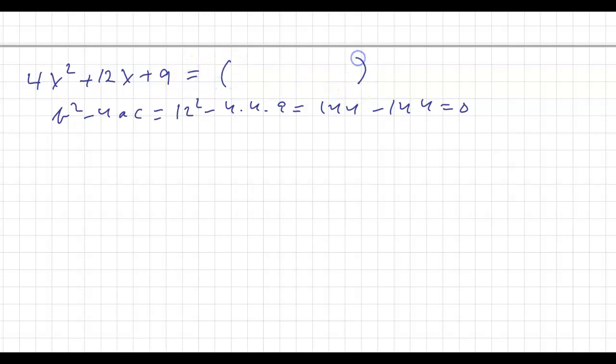And if it is, a sneaky trick for factoring it is: if you take the square root of the a term, which is 4, you get 2x. And if you take the square root of the c term, you get 3. And if you multiply that out, you will end up with the 12 in the middle.